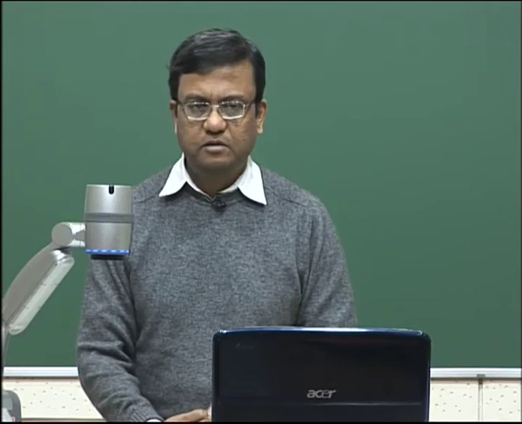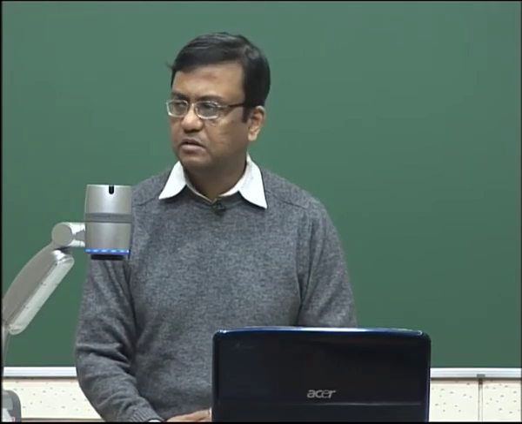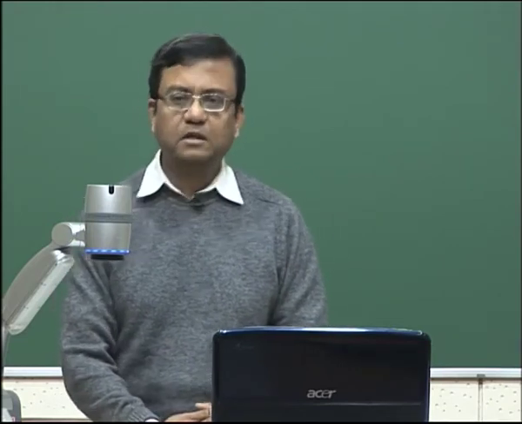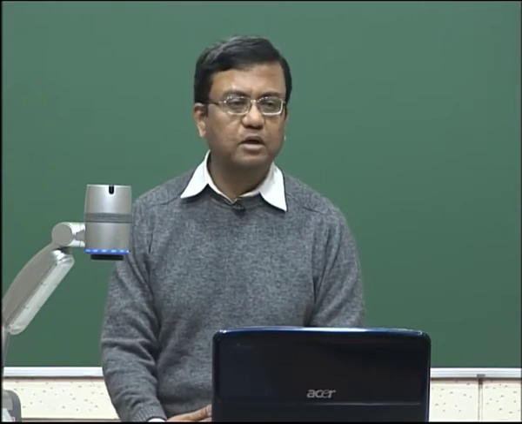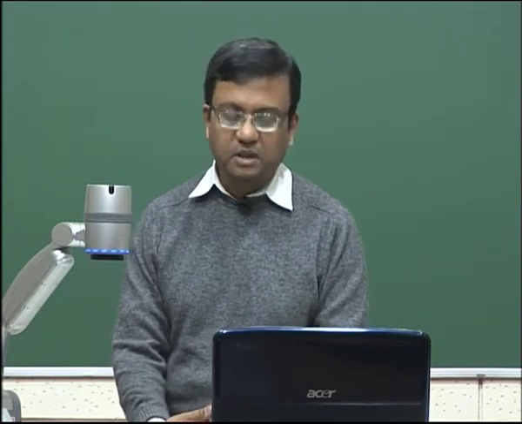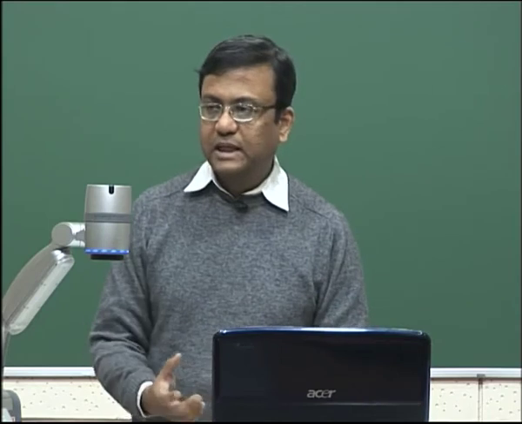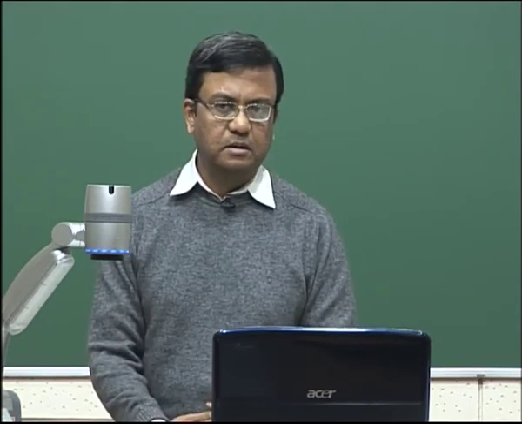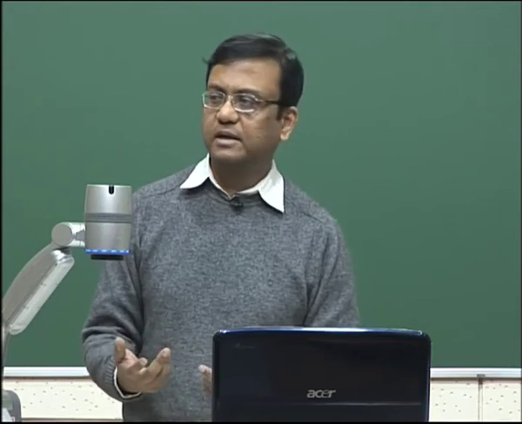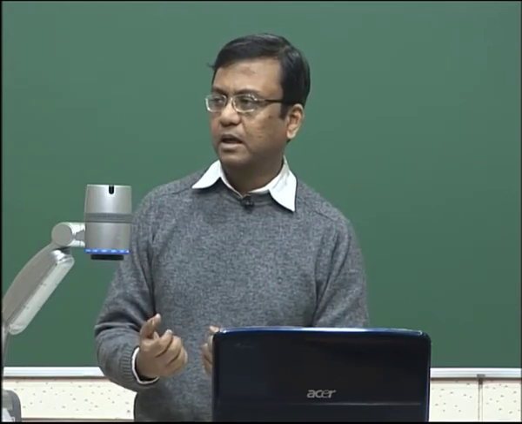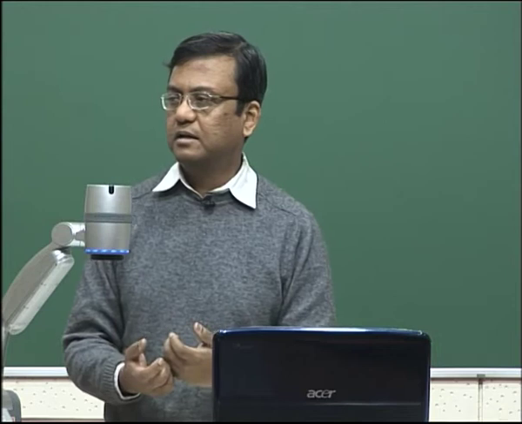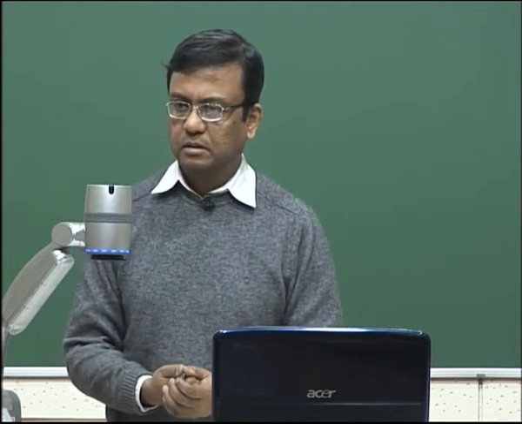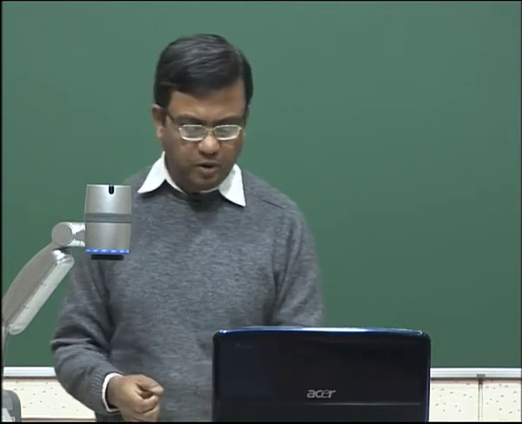If it strikes something else, then that something becomes a collision partner. So, M is a collision partner. It is also called a third body. So, it does not have a specific identity. It can be something which is present there, against which H2 can go and strike.